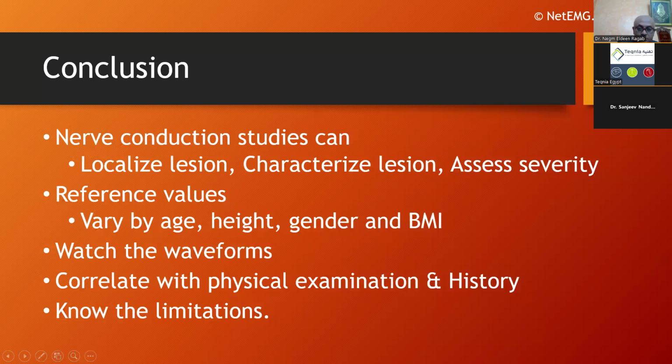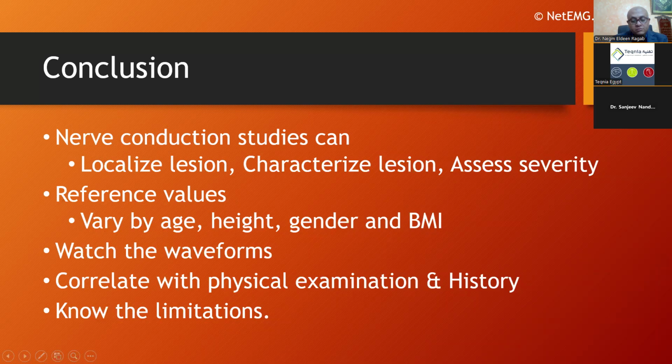Okay, that's a very good question. As I indicated earlier, just because a nerve conduction study is normal doesn't mean that there is no pathology. All it means is that if you get normal conduction studies, then the pathology is proximal to your most proximal site. That's all we can say from nerve conduction.